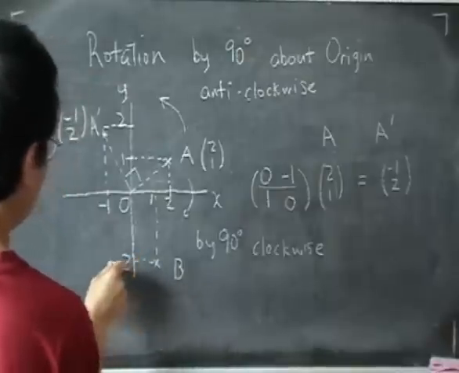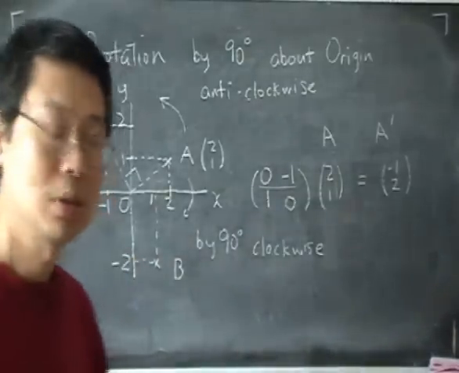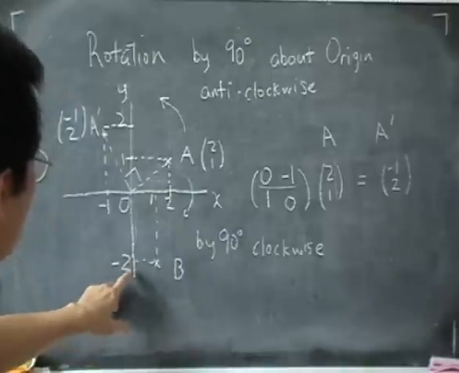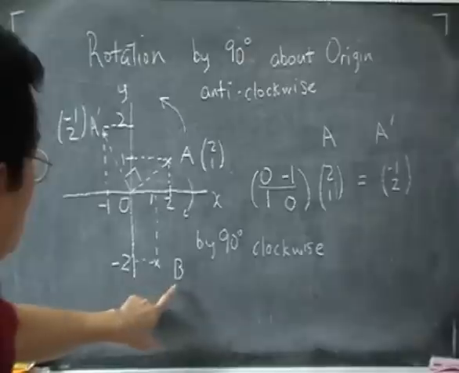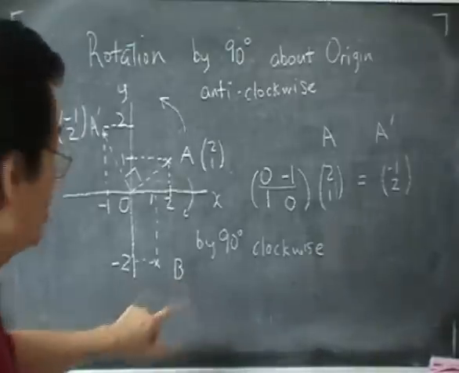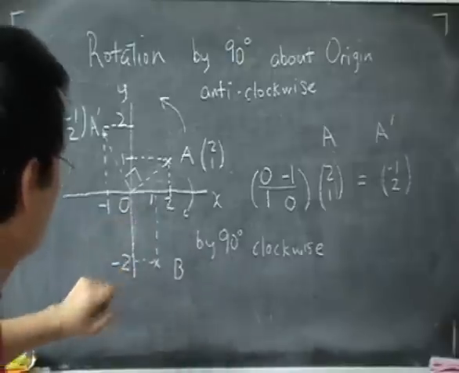But I would have a minus 1 there because it's below the origin. And therefore, we can see now that the coordinates of the image B is 1, minus 2.